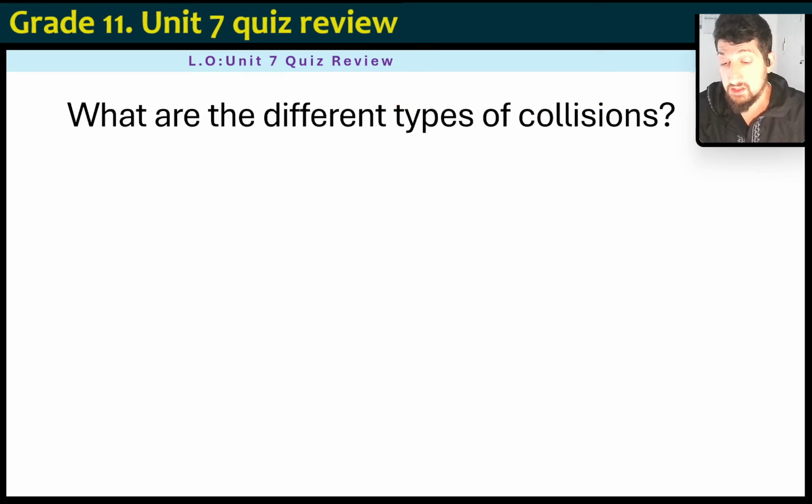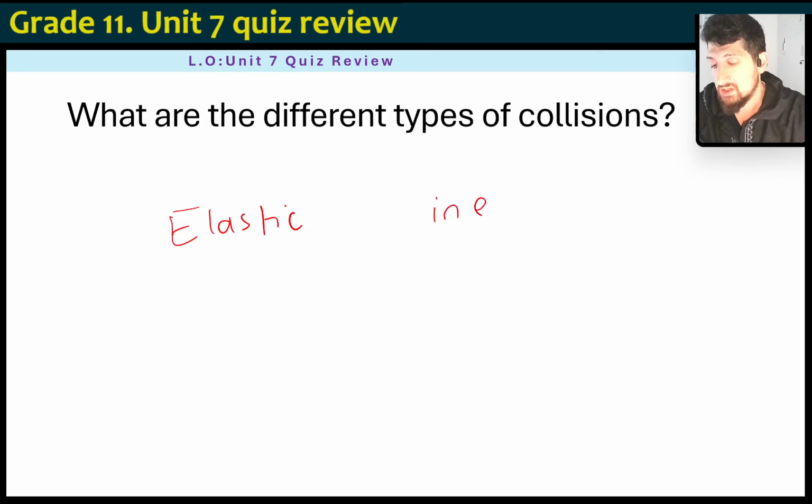What are the different types of collisions? So we have three different types of collisions. We have an inelastic collision, or a perfectly inelastic collision, or a completely elastic collision. So three different types. Elastic, well, actually two: elastic and inelastic, which means one is where the objects bounce off each other, and one where the objects don't bounce off each other and they stick together. But in terms of inelastic, there is a normal inelastic and there is a perfectly inelastic.